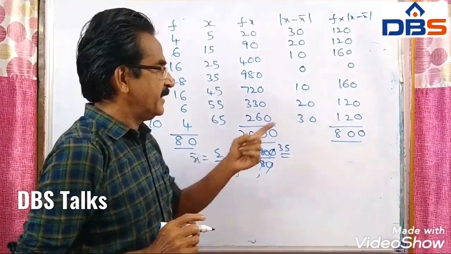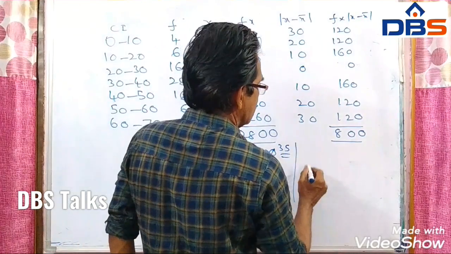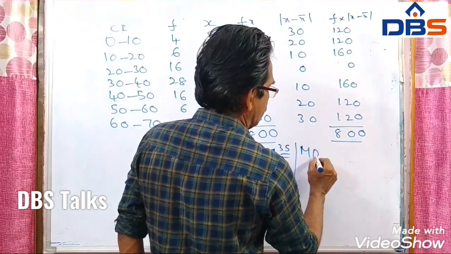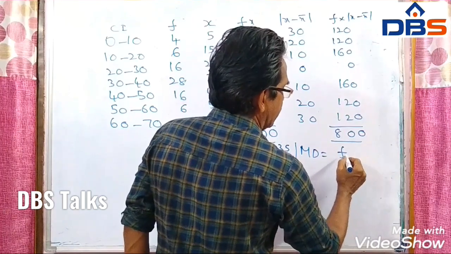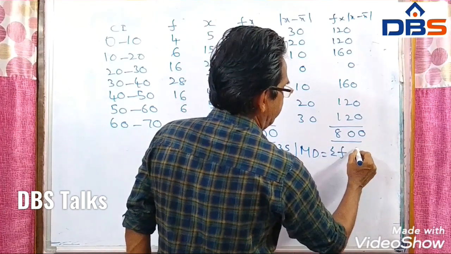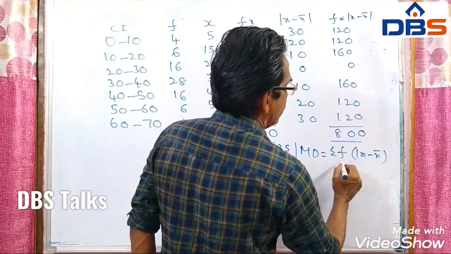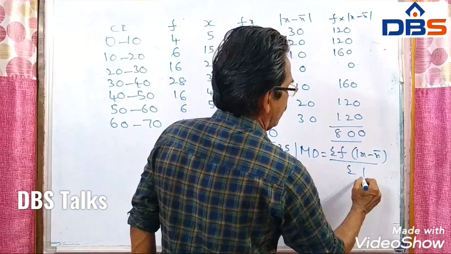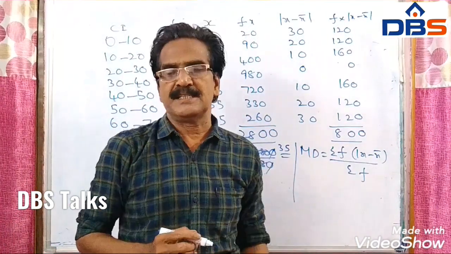Sigma f is 80. 800 by 80 is 10. 10 is your answer. I am writing the formula, which all of you might be aware of: sigma f into mod x minus x bar by sigma f gives you the mean deviation, friends.